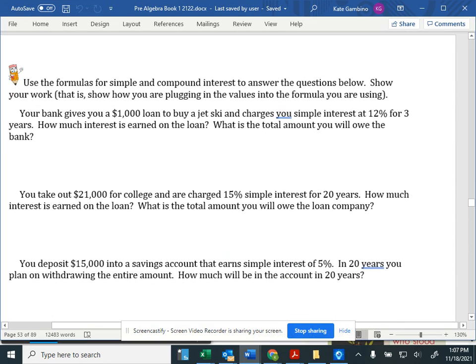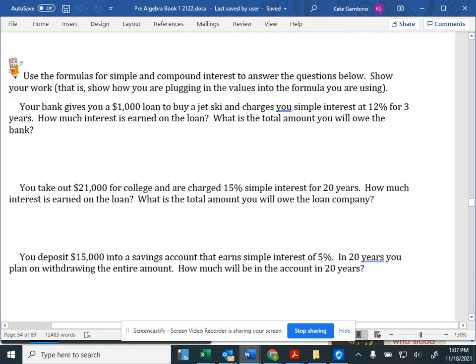Use the formulas for simple and compound interest to answer the questions below. Show your work. That is, show how you are plugging in the values into the formula you are using. So do I want to just see an answer? No, I want to see your formula. I want to see the calculations that you are doing written out.